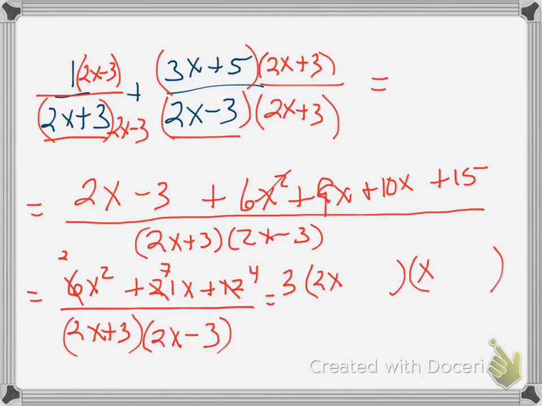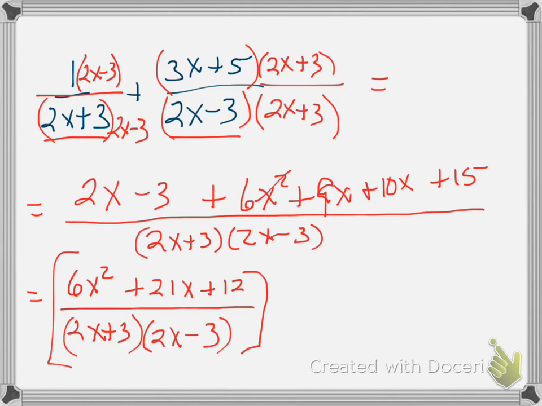Oh, I lied. Absolutely none of that factors. So let's forget about that whole thing. There you go, just like we never talked about it. You can leave your answer just like that. Okay, that's fine. But remember, when you add or subtract fractions, you have to have common denominators. Have to. It's not an option.